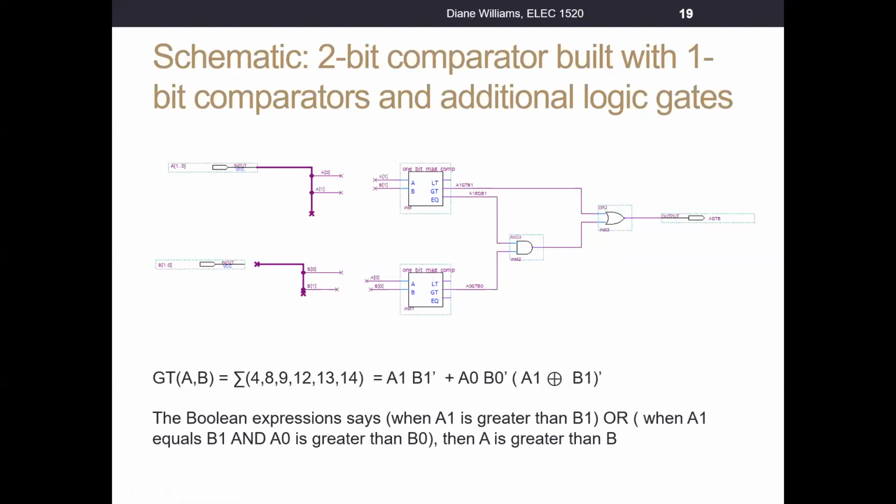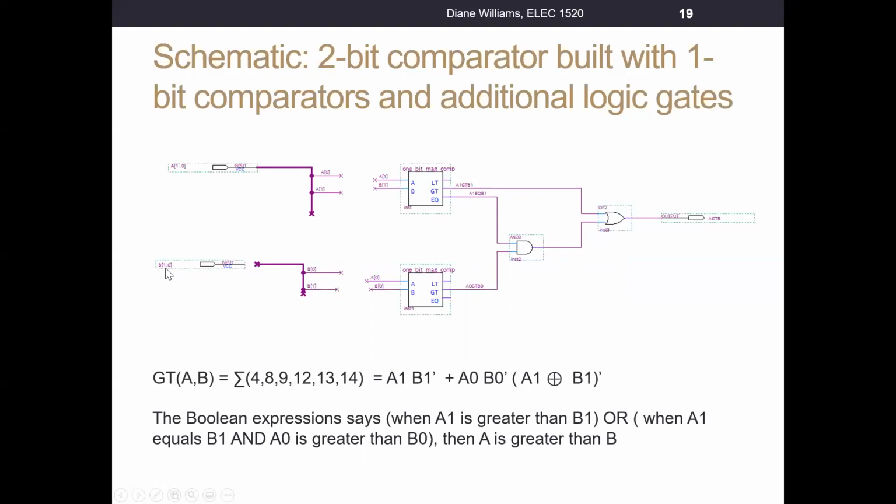And so coming off of this bus are 2 wires representing A1 and A0. So I just named a single wire here, A0, a single wire here, A1. Similarly, for B1, actually that should be attached there. That's a little typo. This needs to be attached to this.